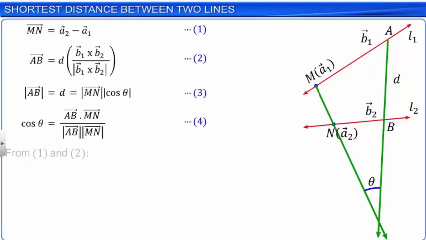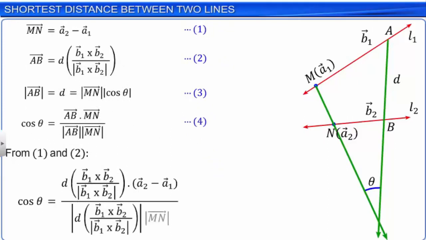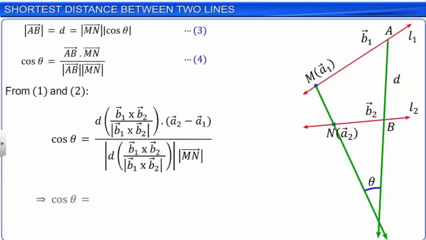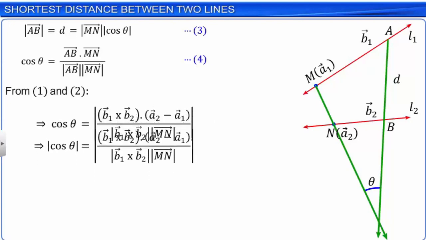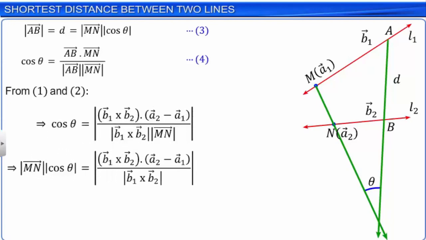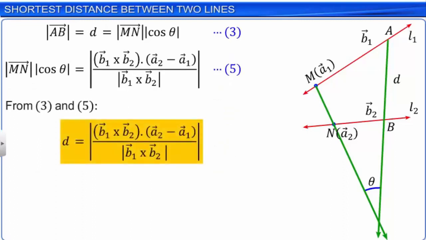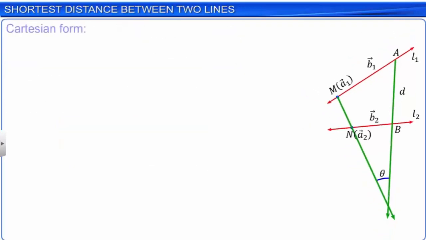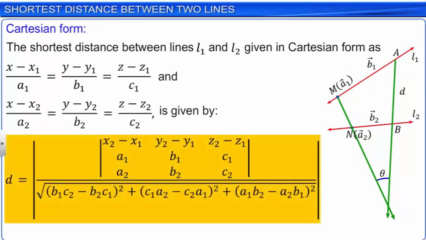Substituting the values from equations 1 and 2 in equation 4 and simplifying, we get equation 5. Comparing equations 3 and 5, we get the equation that gives the shortest distance between skew lines L1 and L2. The shortest distance between two skew lines, represented by Cartesian equations, can be calculated by the formula shown here.